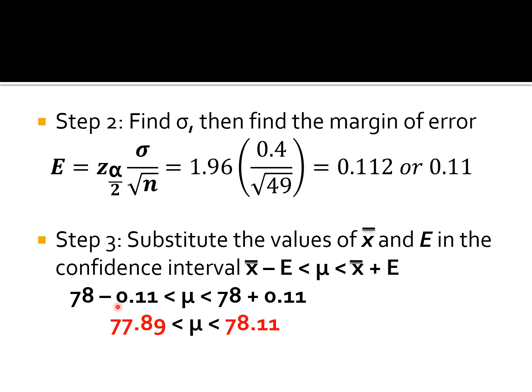That is what we call the lower confidence limit. And on the other side, we have the upper confidence limit, 78.11. Where does that come from? 78 plus 0.11. The other side is 78 minus 0.11. So reading this, the population mean is greater than 77.89 but less than 78.11. So that's it.